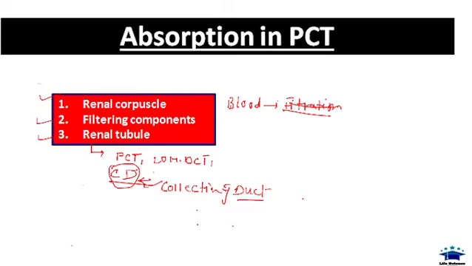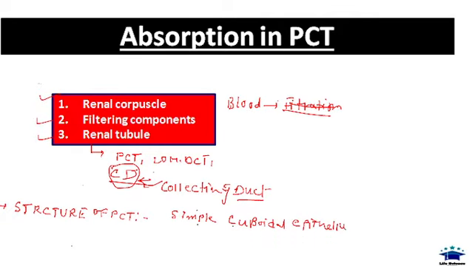Now if we talk about the structure of the PCT, the proximal convoluted tubule, it is lined with simple cuboidal epithelium, and this has this type of projection.